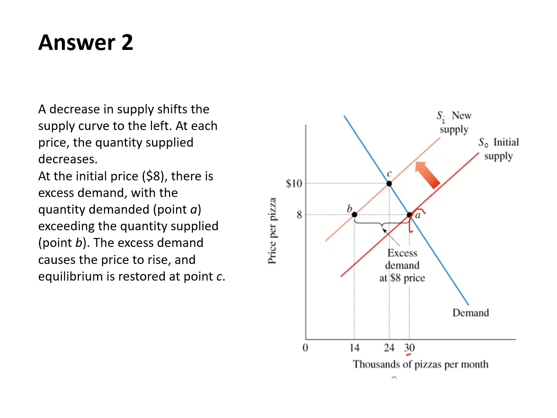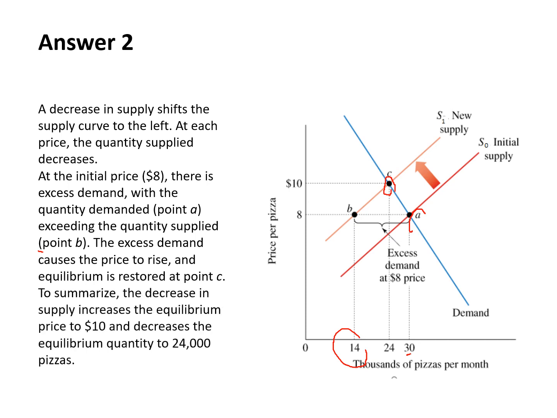The quantity demanded exceeds the quantity supplied, which is point B. Because of this, the excess demand causes the price to rise, and this will restore the equilibrium at the new equilibrium point, which is point C. To summarize, the decrease in supply increased the equilibrium price to $10 and decreased the equilibrium quantity to 24,000 pizzas.